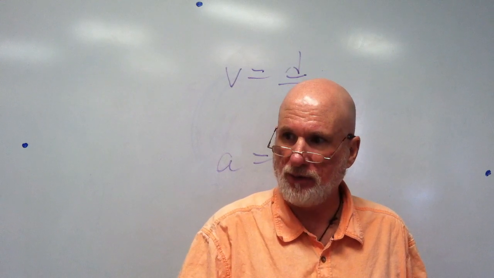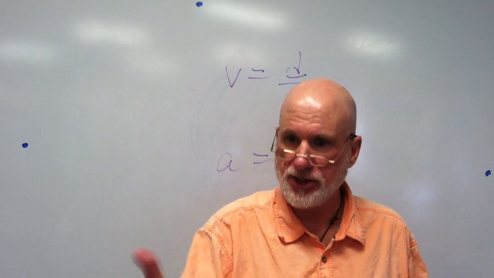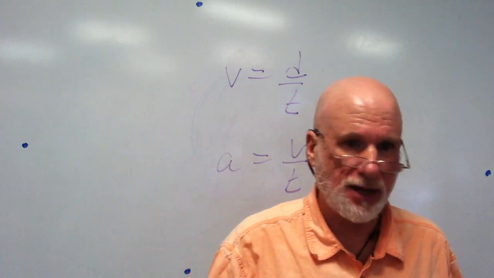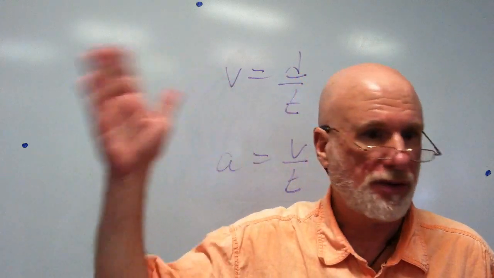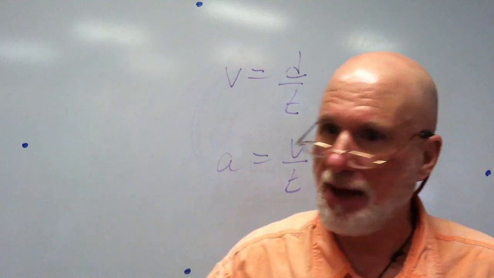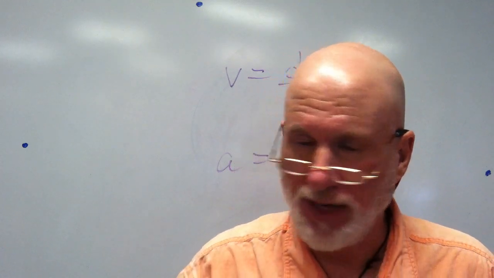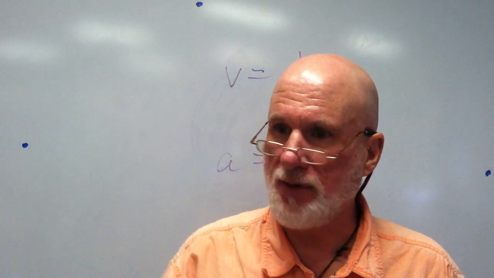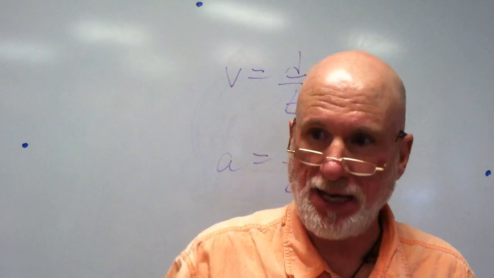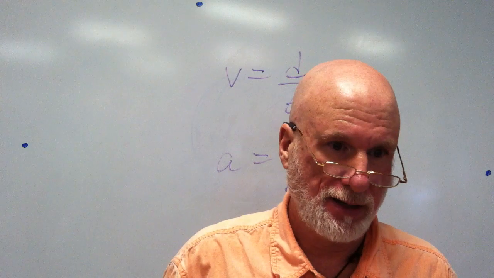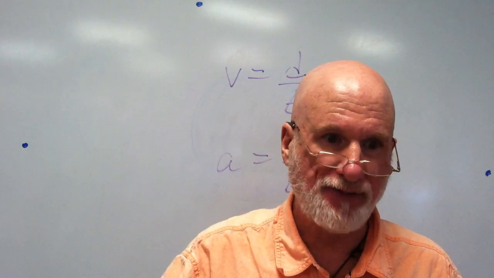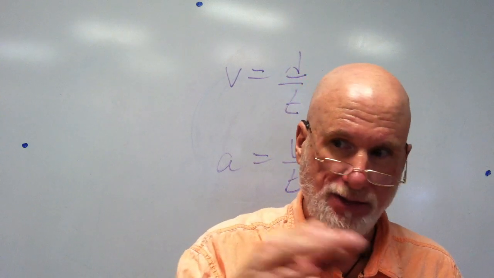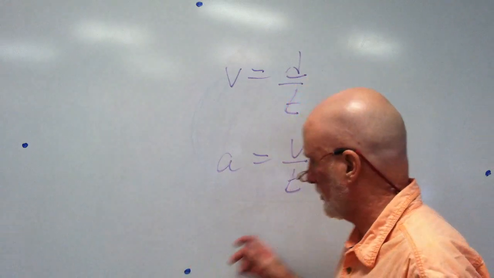Is that speed or velocity? Speed. That's just speed. He's going 60 miles an hour north. He's going 60 miles an hour south. That's velocity. He's accelerating, going in the positive direction. That's acceleration. He's decelerating. That's negative.